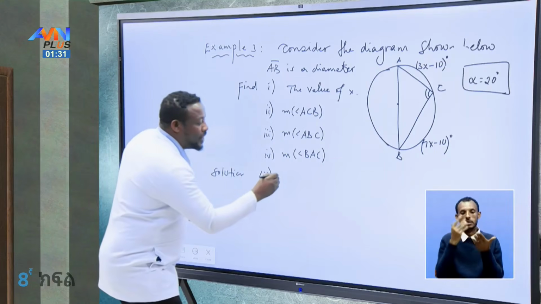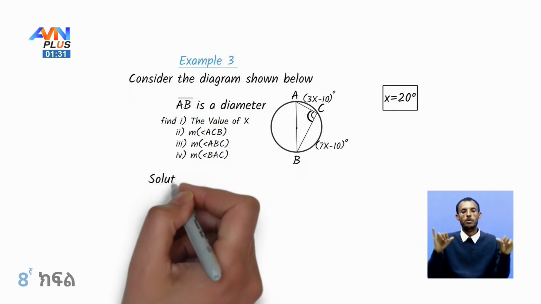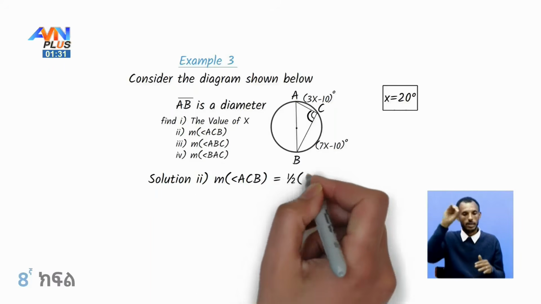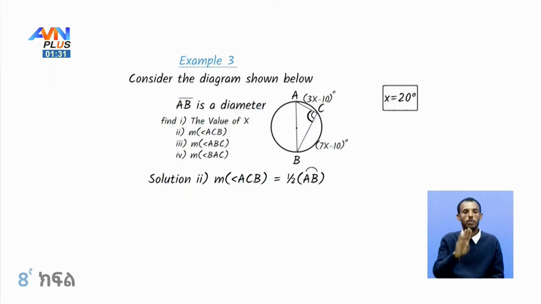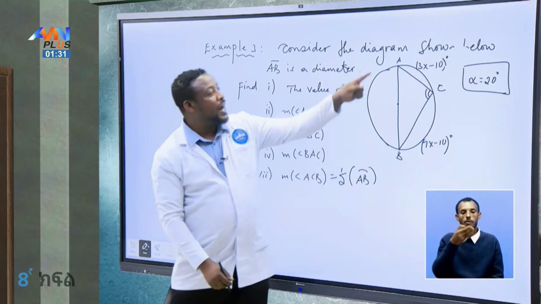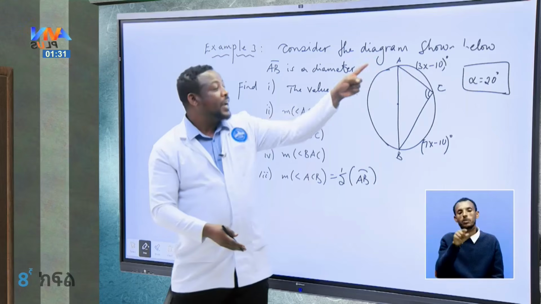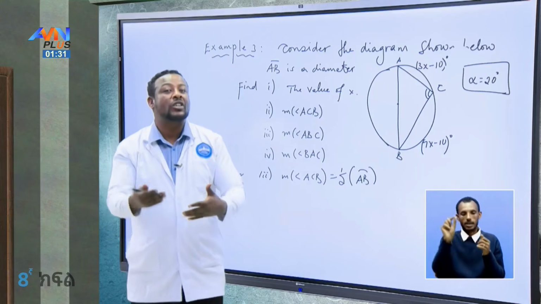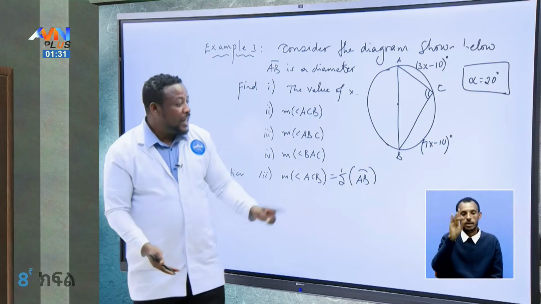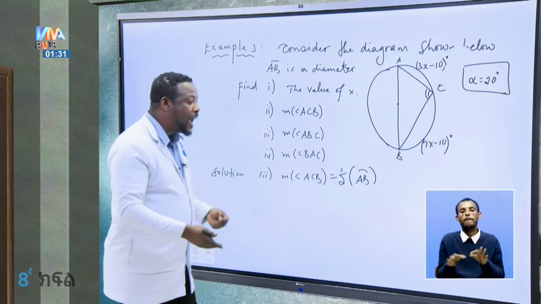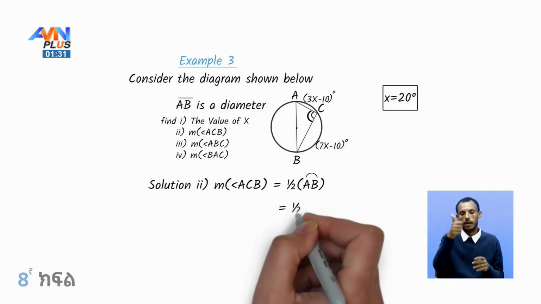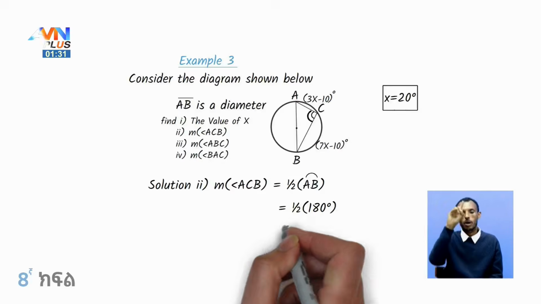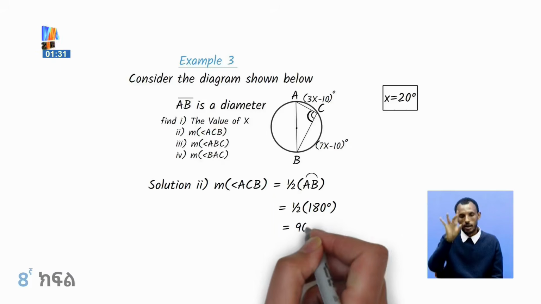The degree measure of angle ACB is half of the degree measure of arc AB. As you all know, arc AB is a semicircle, and the degree measure of a semicircle is 180 degrees. Therefore, in place of arc AB, you substitute 180 degrees, right? So half of 180 degrees gives us 90 degrees.